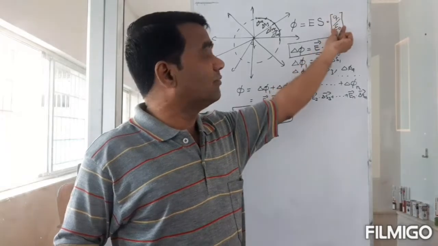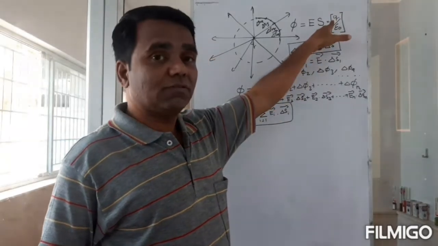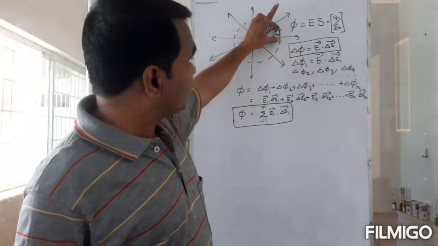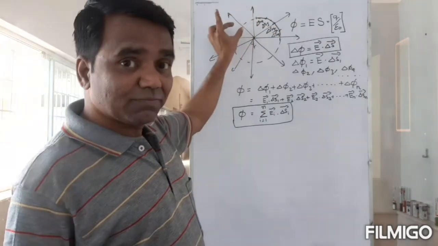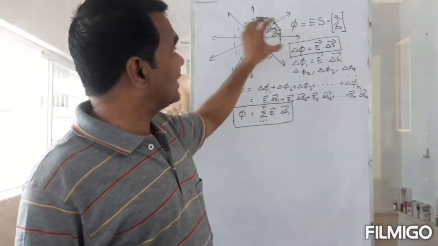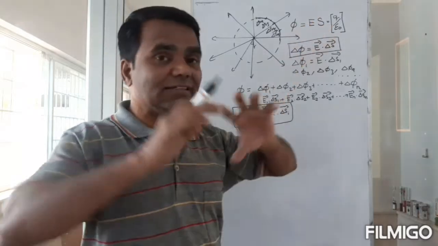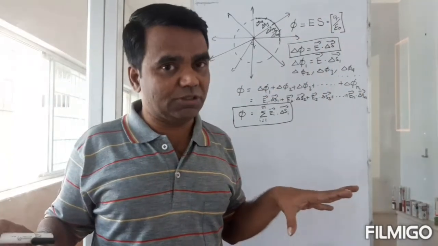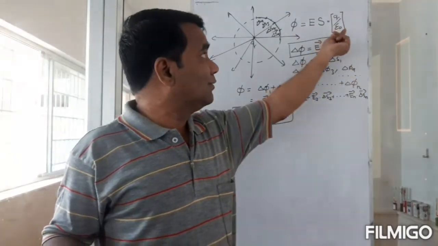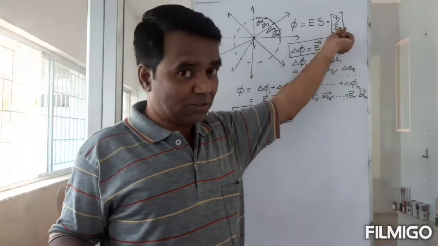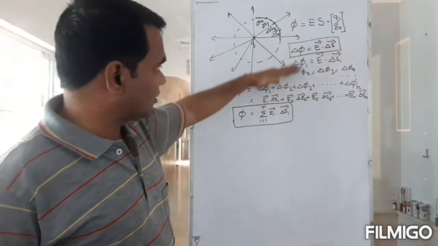If I treat this as the flux, how do I get to this? Well, I'm going to find flux through small areas and add them all up. Then I will get the amount of flux coming out of the charge. In our case, it is q by epsilon naught. So that is what we have done here.